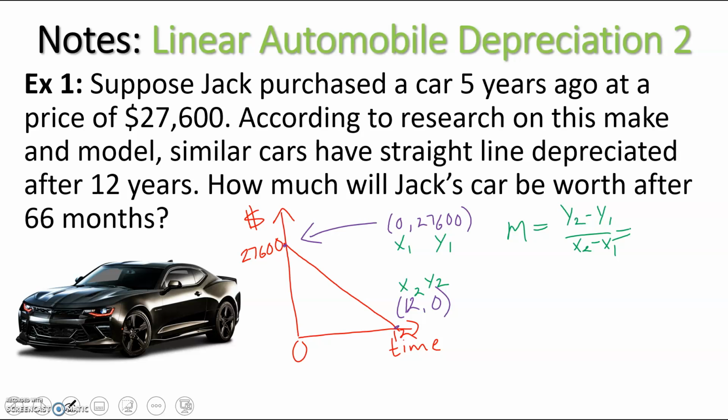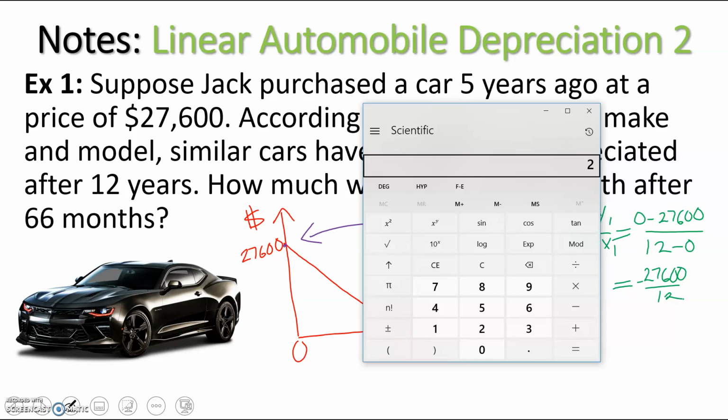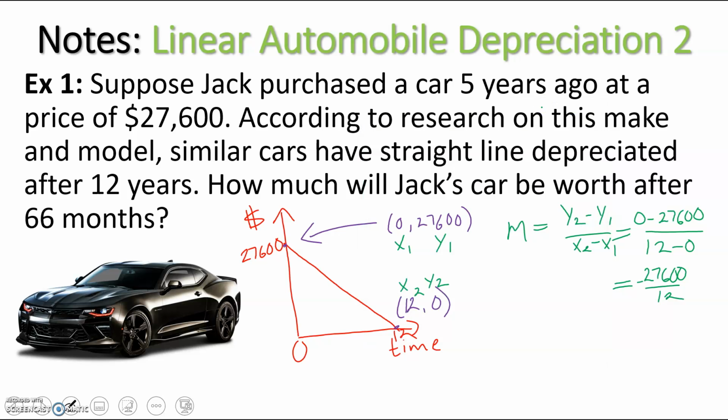Therefore, our slope is 0 minus 27,600 over 12 minus 0, which comes out to be negative 27,600 divided by 12. Using our calculator, 27,600 divided by 12 is negative $2,300.